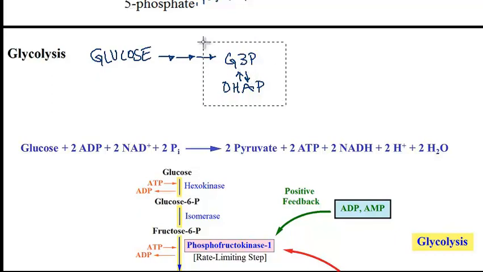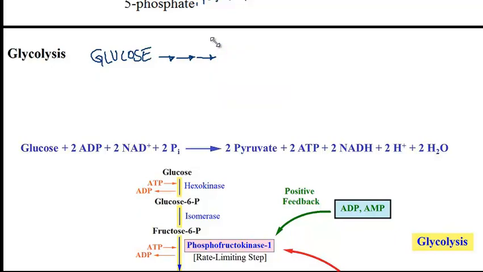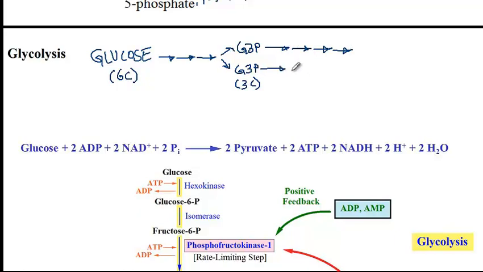So there we go. One glucose molecule that is made of 6 carbon is broken down into 2 molecules of glyceraldehyde 3-phosphate, each of which is a 3 carbon molecule. So 2 3 carbons will add up to 6 carbon here. And from here on, glyceraldehyde 3-phosphate will go through a series of reactions that will yield pyruvate.